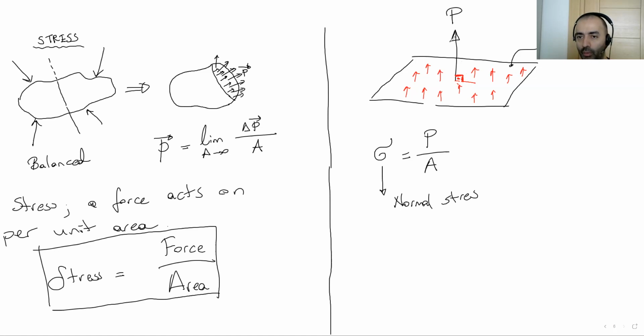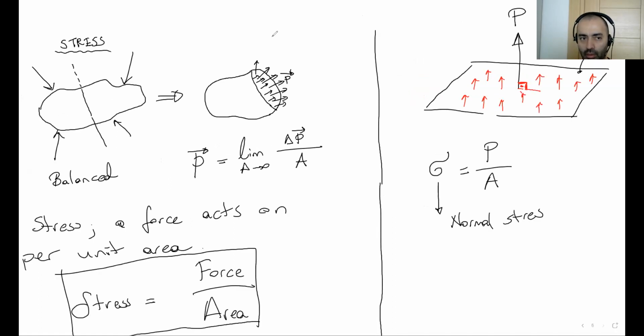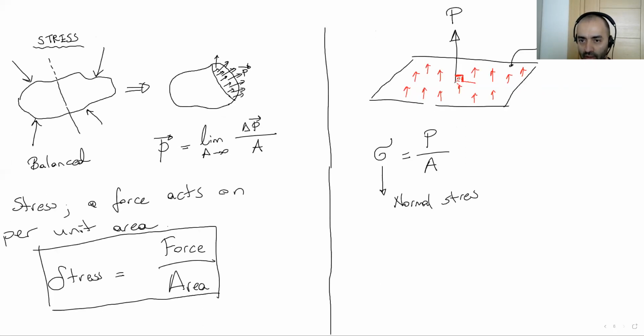The normal of the section is in this direction. So that means sigma, we use the Greek alphabet to show this.